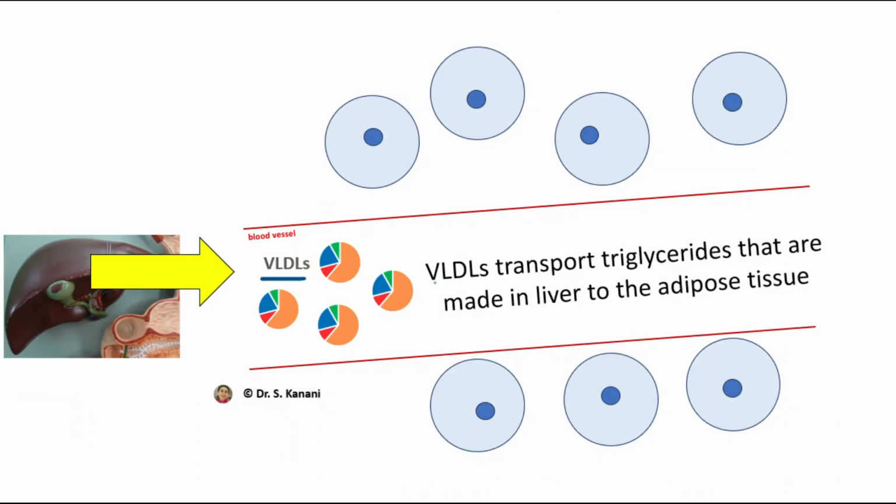Very low density lipoprotein contains those lipids that liver cells produce, including the triglyceride molecules, and as you can see, we do have also some cholesterol here, and they transport these lipids to mainly adipose tissue. The goal is to send especially the triglyceride molecules to adipose tissue so adipocytes can store fat.